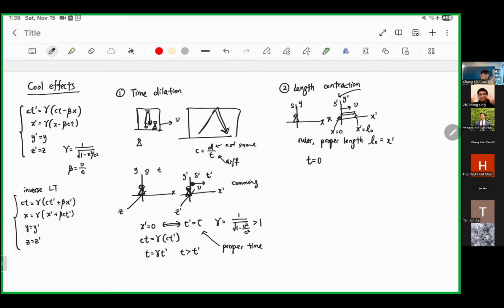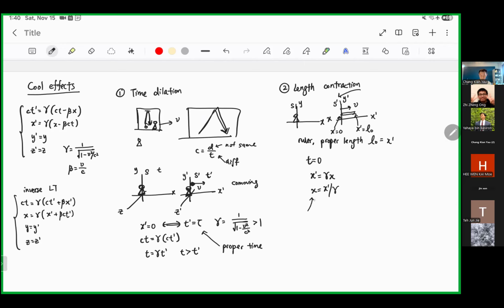Then if we put this back into the equation, x prime equals, with t equals 0, and if you arrange it a bit, it will look like this.